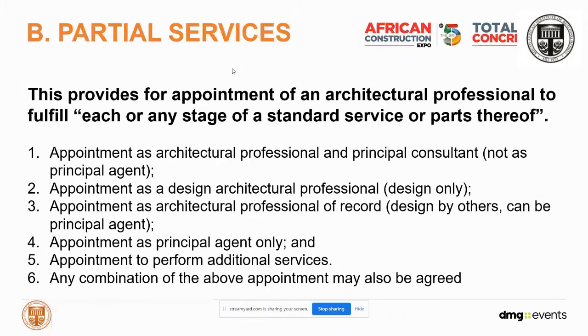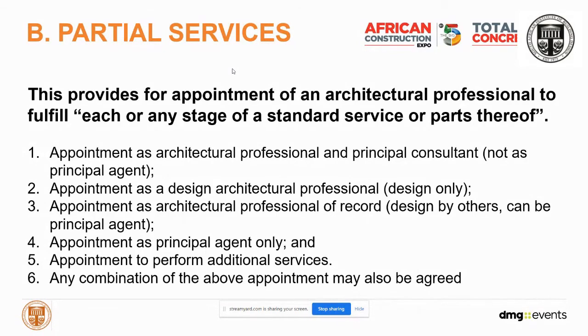And so fortunately, the SAIBD does provide for partial services, and this provides for the appointment of an architectural professional to fulfill each or any stage of a standard service or parts thereof. And so this would then allow us to explain to the client, look, what you're looking for is a plan and it's a partial service, and this is where it falls.